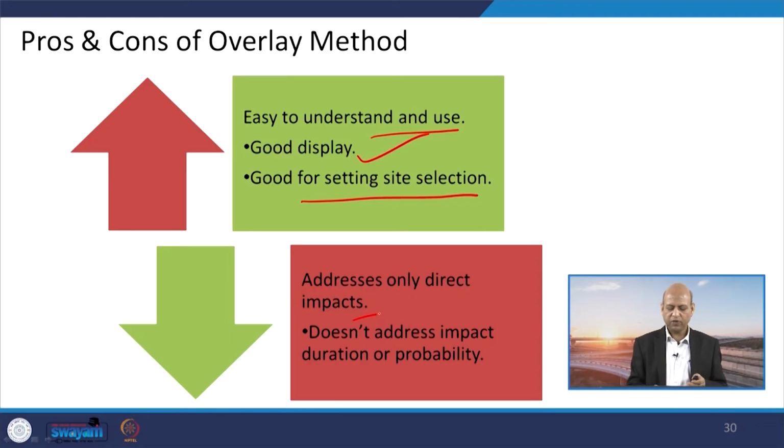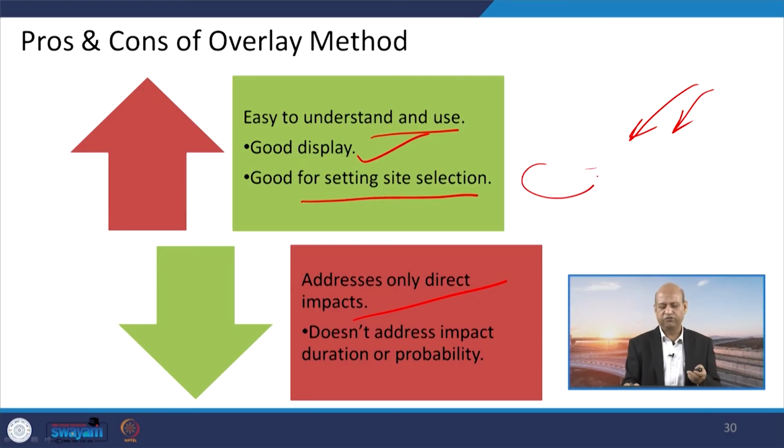But only direct impacts, because in that color scheme if you are having slopes, you will find that okay, this will give much water, and during rainy season it can fill some pond here.